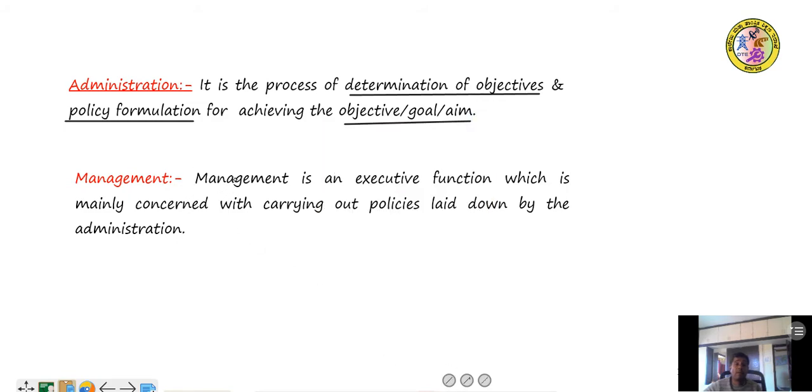So management is an executive function, which is mainly concerned with carrying out the policies laid down by the administration.